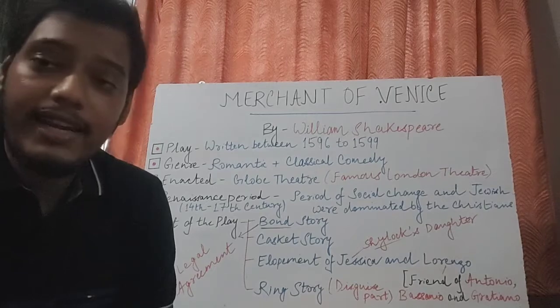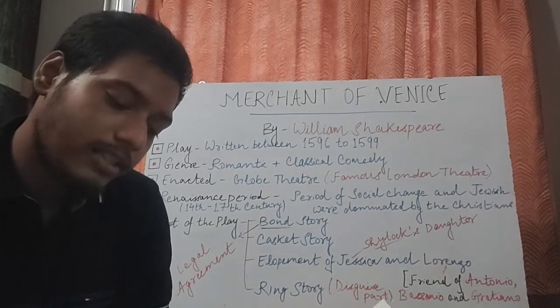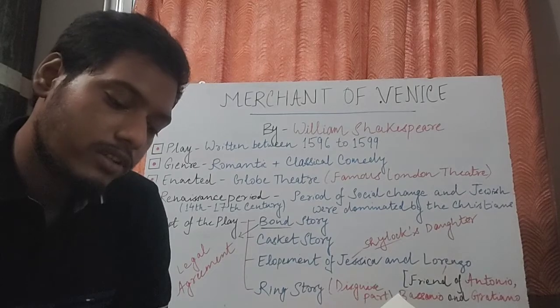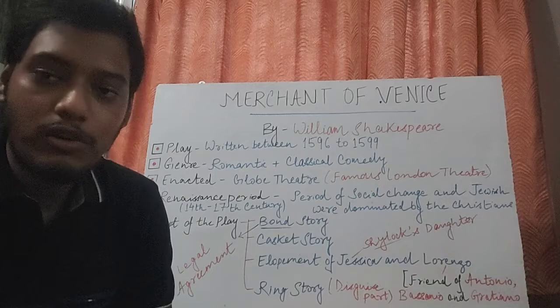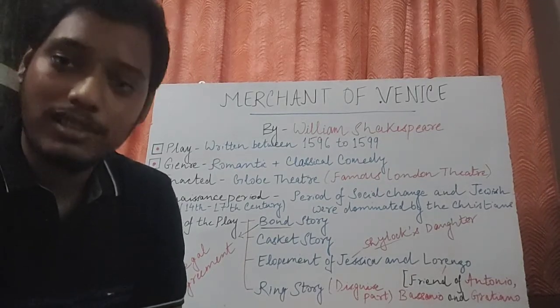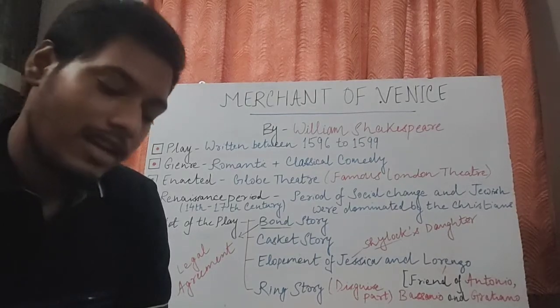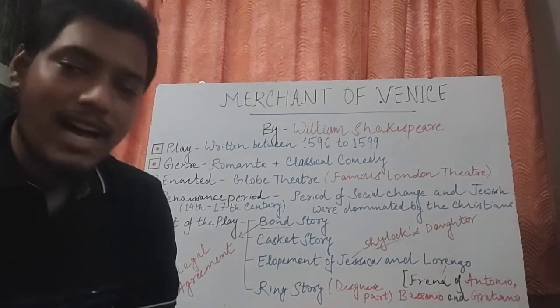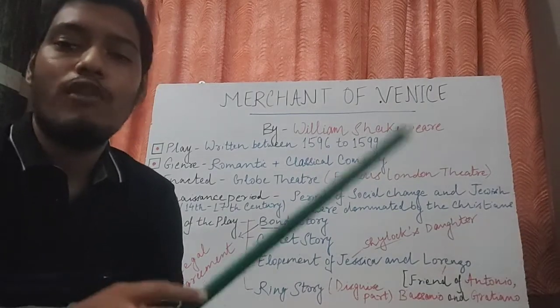Nerissa, her lady in waiting, she was the maid of Portia. Balthazar and Stefano, servants to Portia. These are the names which are used in disguise. Now, what do I mean by names being used in disguise? So, Portia and Nerissa, they actually took the role of a man.